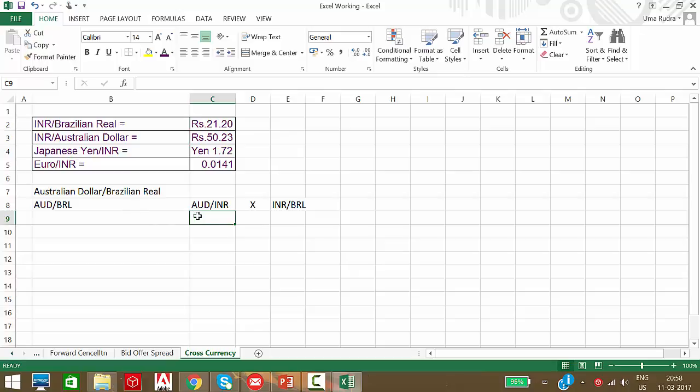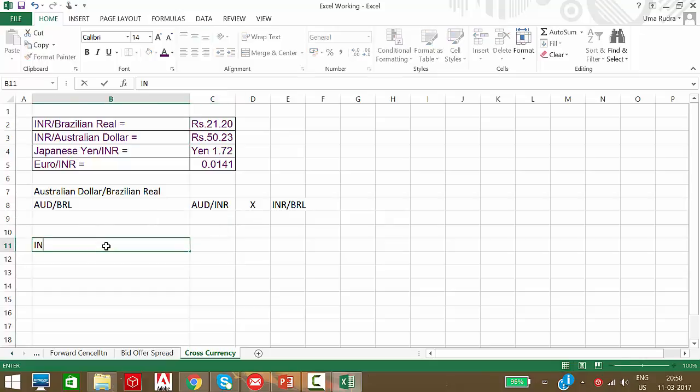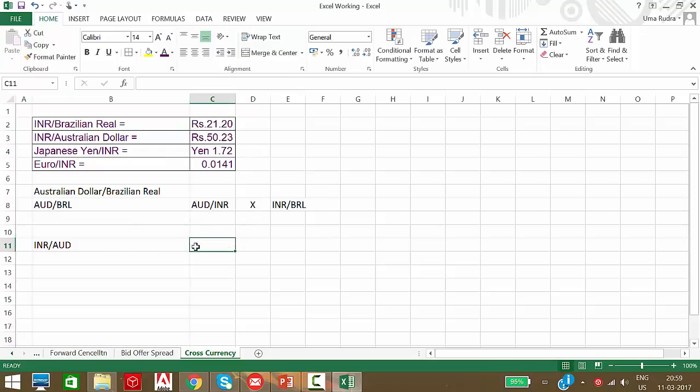Here I have INR per unit of Australian dollar, that means 1 Australian dollar is equivalent to rupees 50.23.